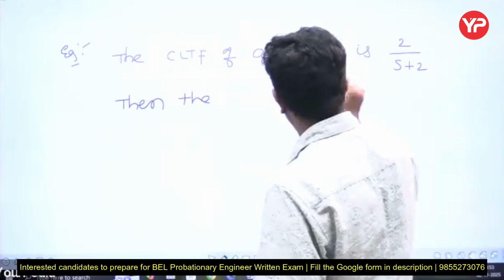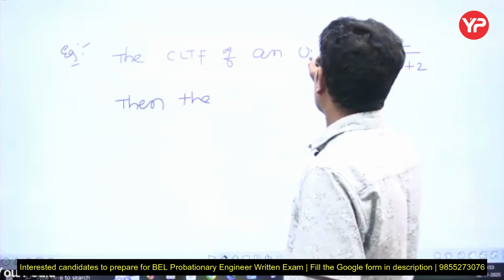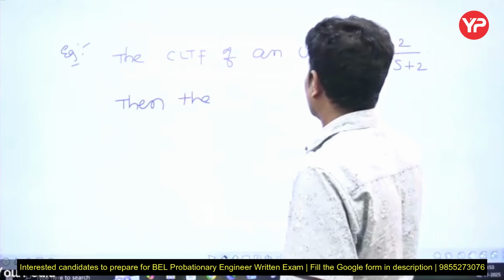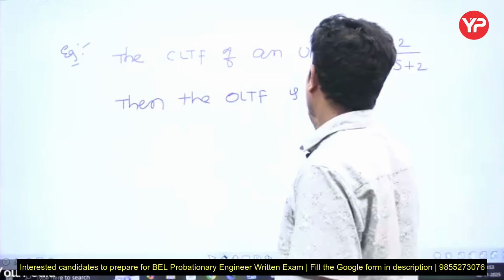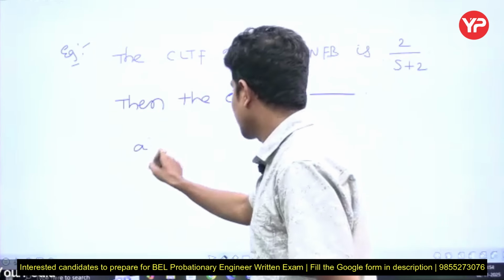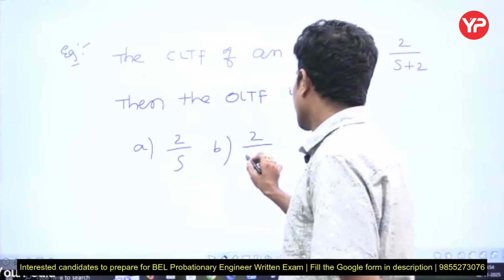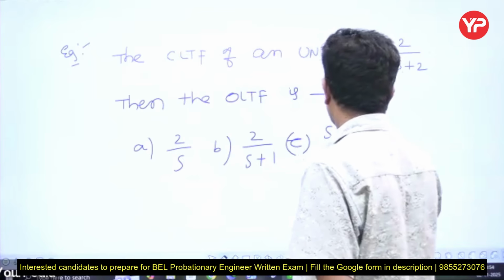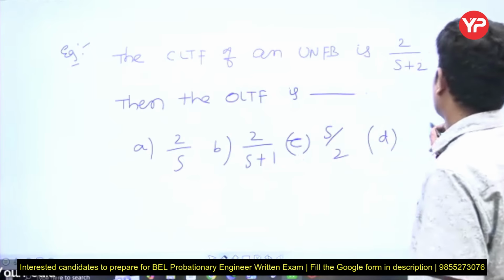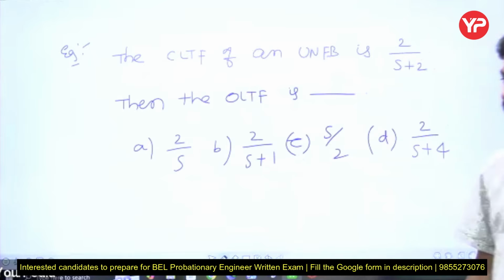Unity negative feedback, not just unity feedback. Options are: A, 2 by S; B, 2 by S plus 1; C, S by 2; D, 2 by S plus 4. Answer please.